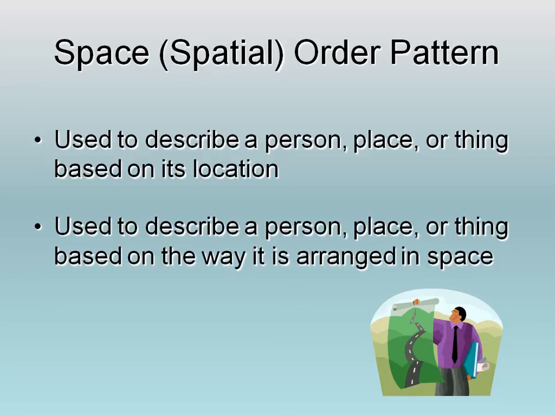An author may choose to describe an object from top to bottom, from bottom to top, from right to left, from left to right, from near to far, from far to near, from inside to outside, or from outside to inside.